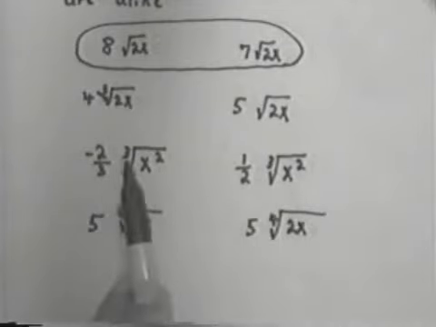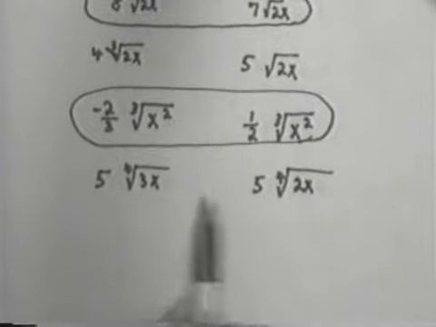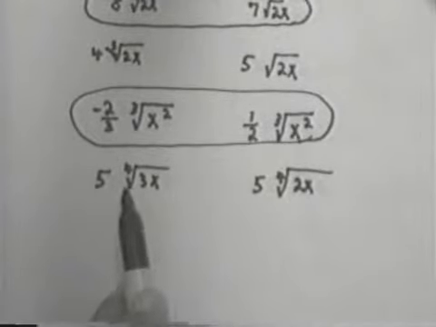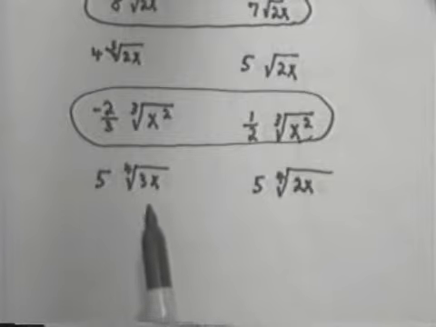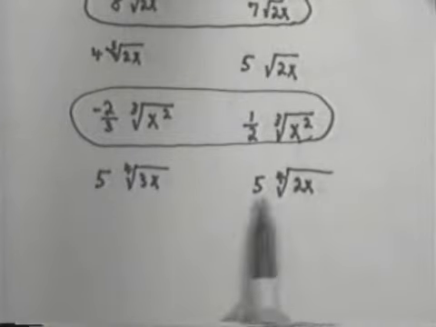Both of them have an index of 3. Both of them have a radicand of x squared. Same index, same radicand. So therefore, the radicals are alike. Let's look at the last pair. The two radicals have the same index, but the two radicals do not have the same radicand. One has the radicand 3x, the other one has the radicand 2x. So they are not alike.